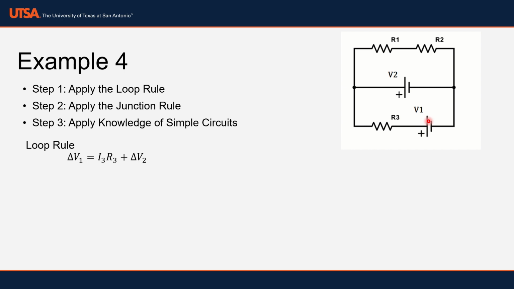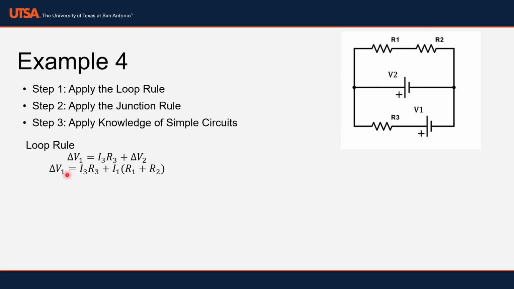The second loop you could go is like this. Delta R3, and it's going to go up here, and this is in series, right? It's worth pointing out that this could be I1 or I2, but when it's in series, we know I1 is equal to I2, so you could call it whatever you want, just like what we did in the last example.